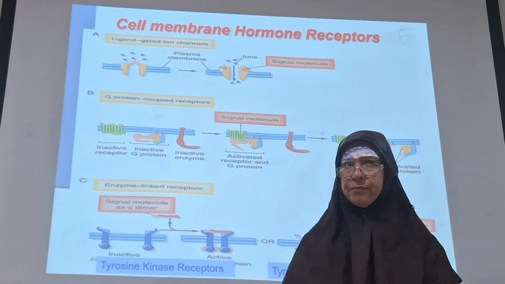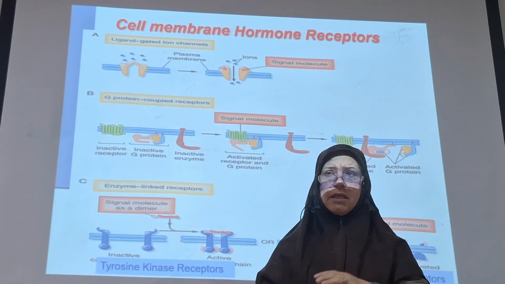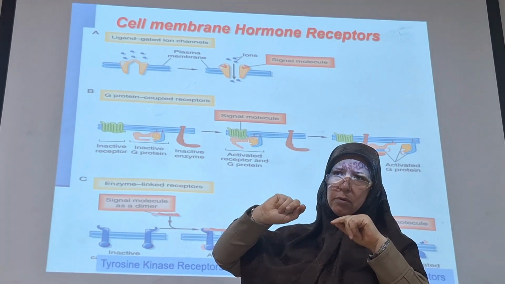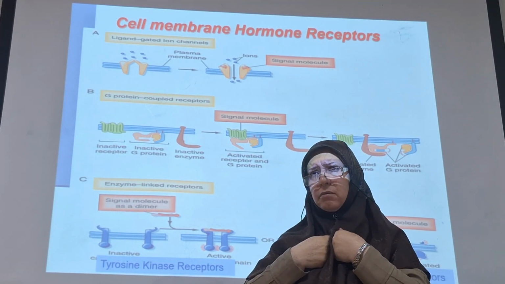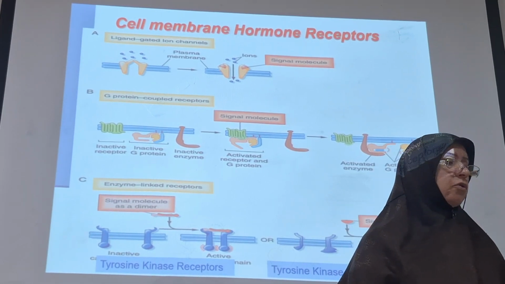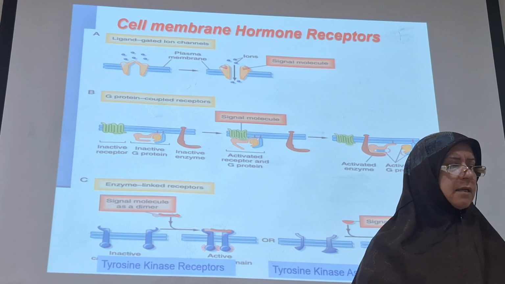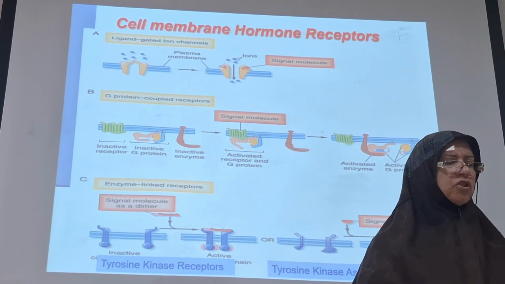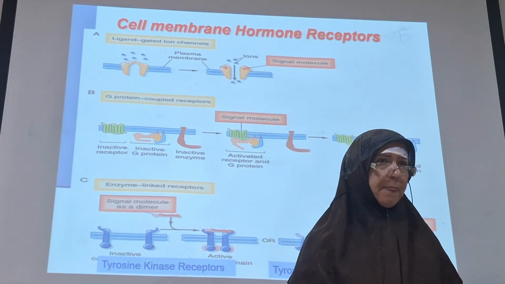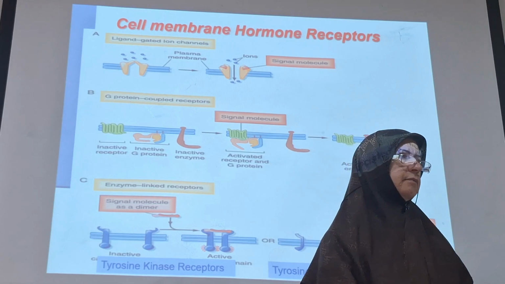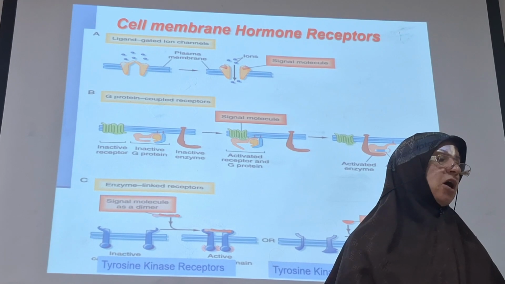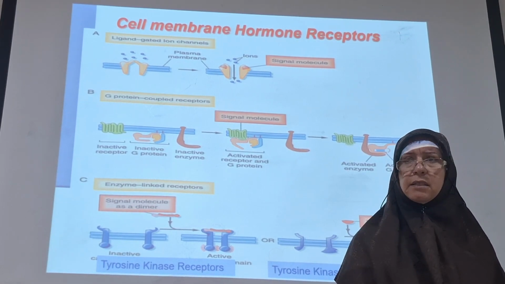For enzyme-linked receptors, only two kinds are important. First, tyrosine kinase receptors. Second, tyrosine kinase associated receptors. What's the difference between the two? In the first one, the receptor has enzyme activity inside the cells.